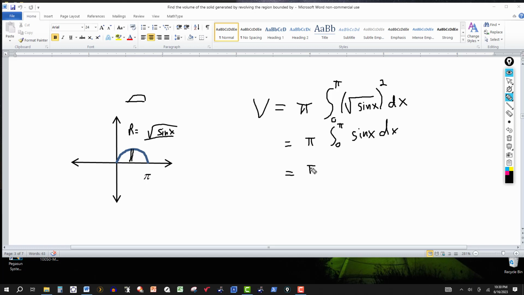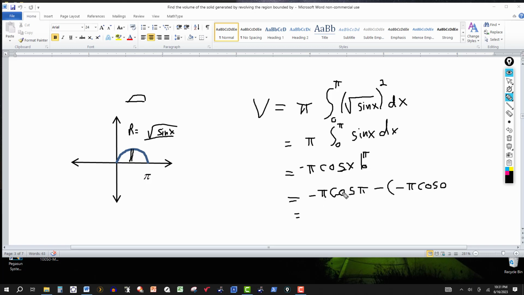This will be pi, and then the integral of sine of x is minus cosine. So I'll put the minus out in front: minus pi cosine of x. And then we apply the limits of integration from 0 to pi. We evaluate first at the upper limit, so this would be minus pi cosine of pi, and then minus, minus pi cosine evaluated at the lower limit, cosine of 0.